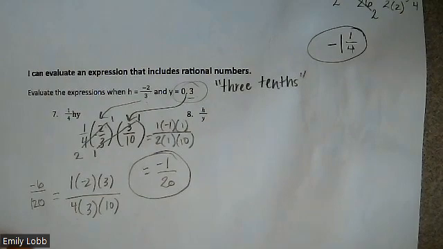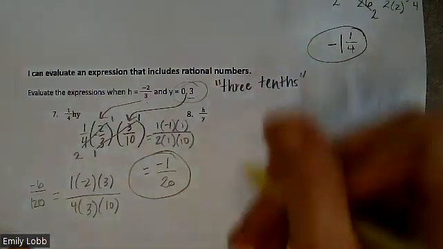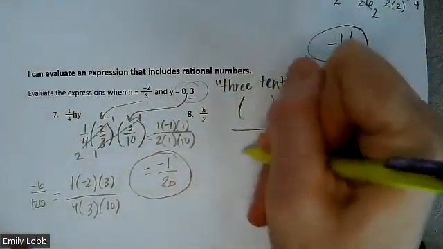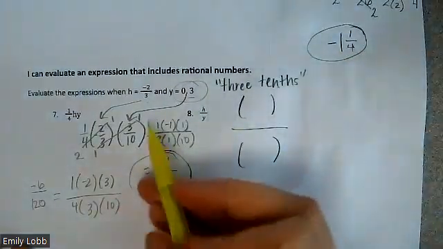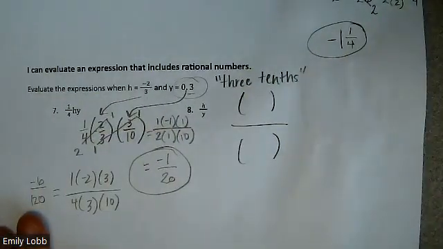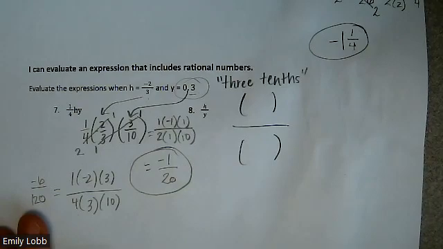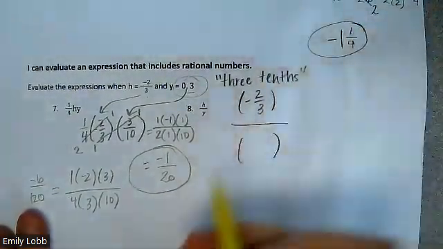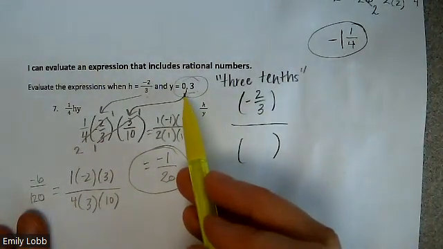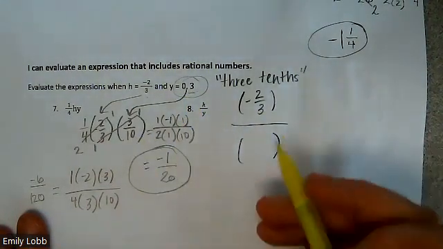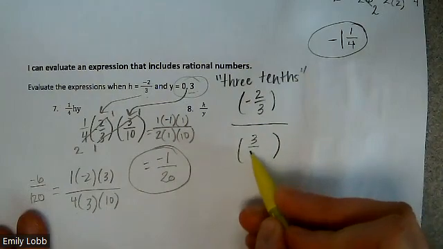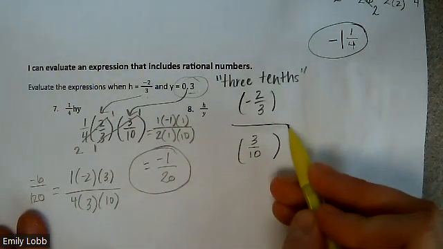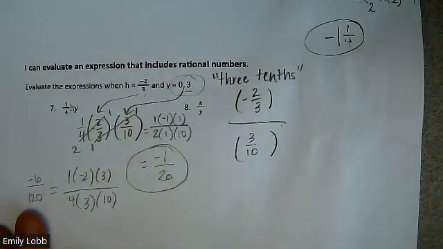Now this is a little weird. I have something divided by something. So in place of h, I would put negative 2/3. And we already changed y to a fraction. I would put 3/10. What does this fraction bar mean?